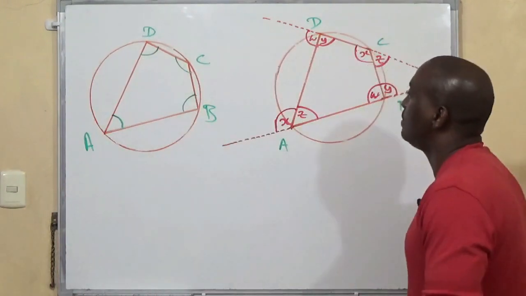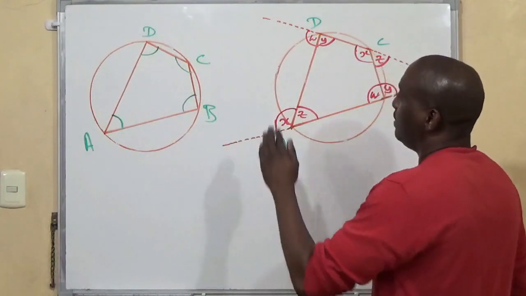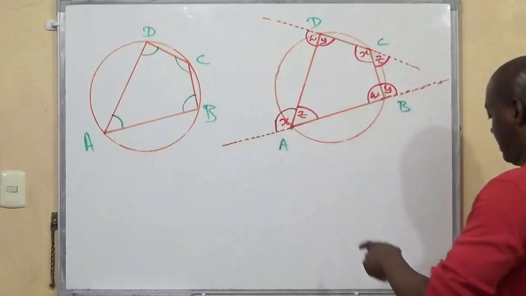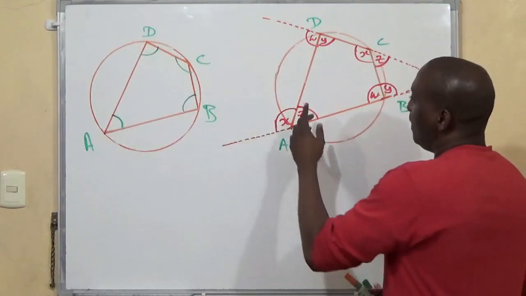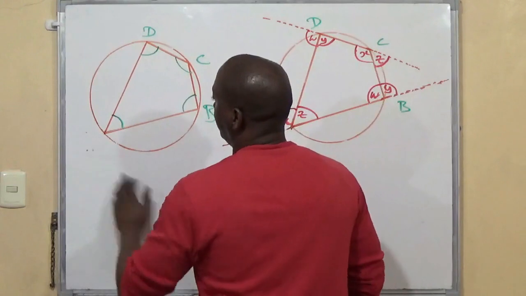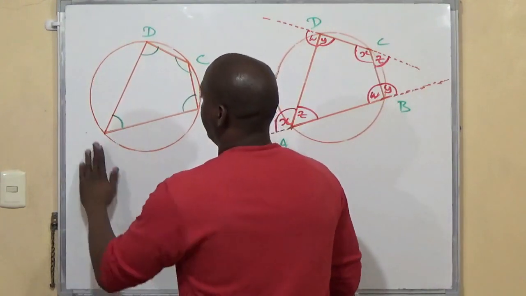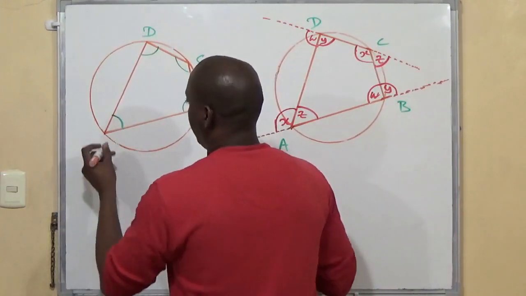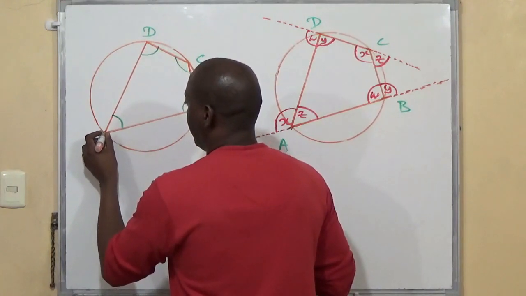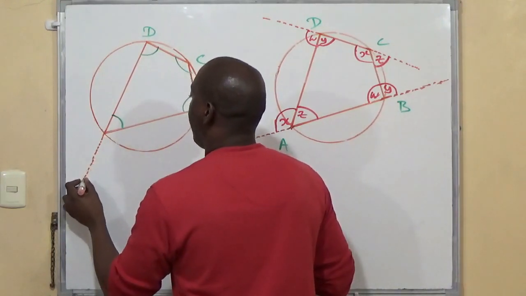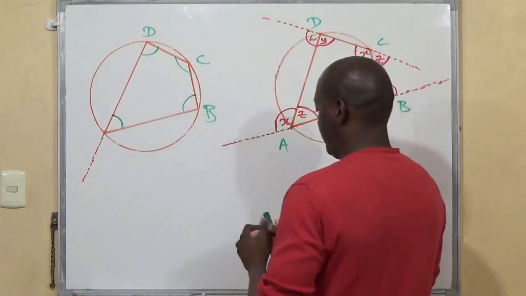So let us do the same thing on this one where we're going to use the other extensions. So if we take this one and we extend the line at the point E, we extend the line here. Alright?